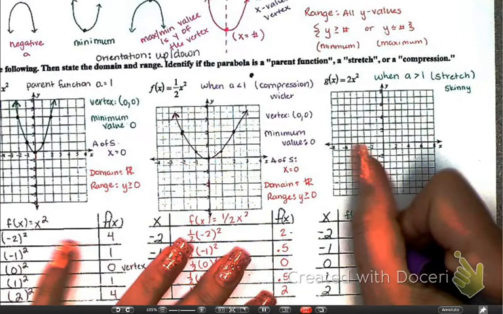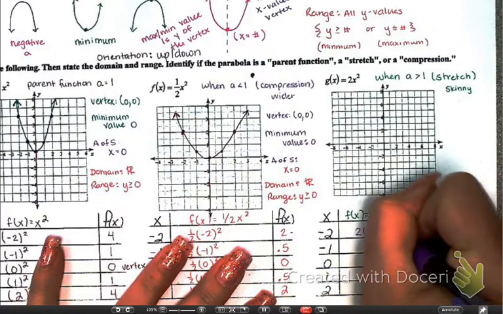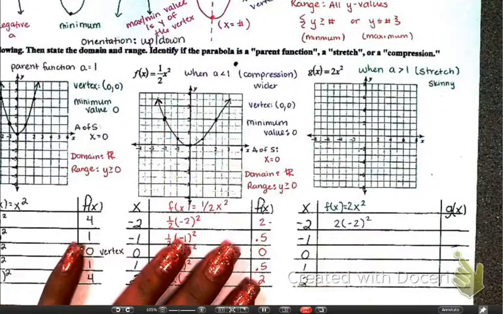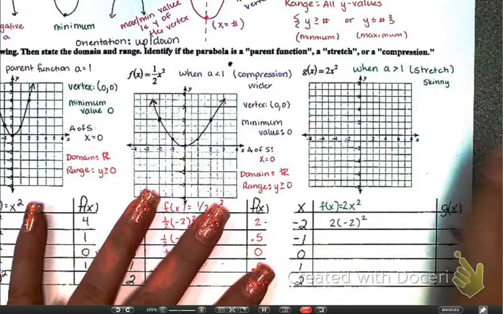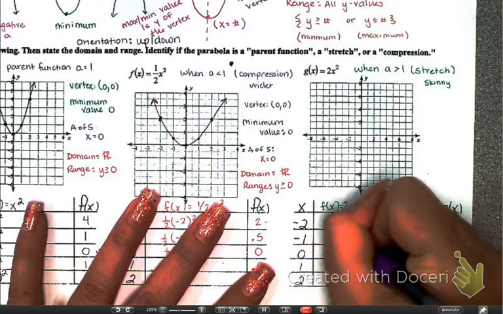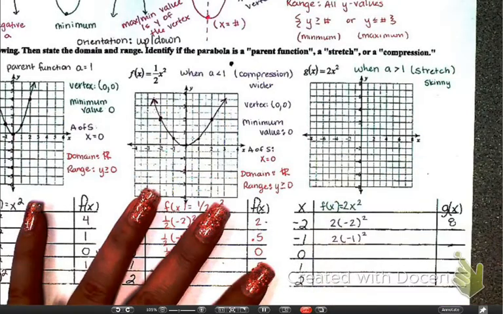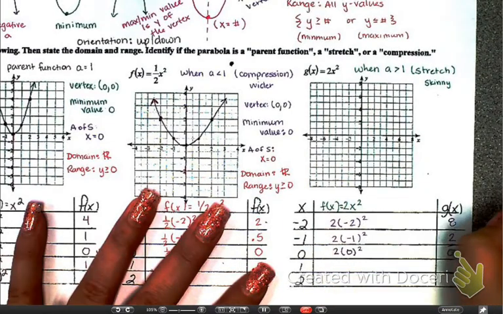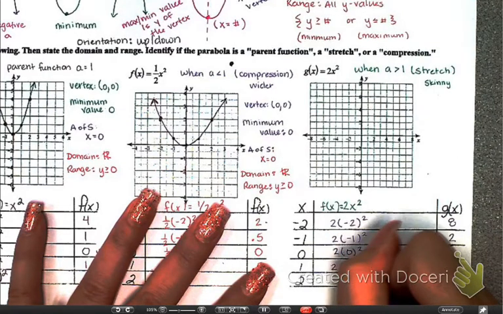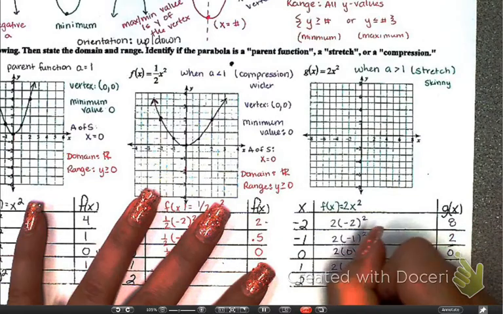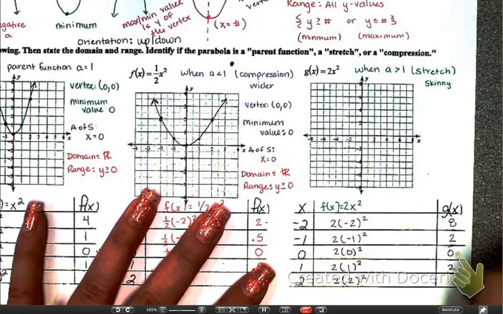Okay, so when you go to plug it in, what's negative 2 squared? 4, and 4 times 2 is 8. What's negative 1 squared? 1 times 2 is 2. 0 squared? 0 times 2, 0. 1 squared, and again, because of symmetry, this should be 2, which it is, and this should be 8, which it is.